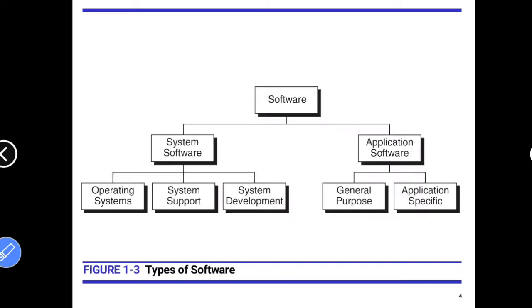So now come to our main topic, software. Software is categorized into two basic types: one is system software, and one is application software. System software directly communicates with the hardware, and application software runs over the system software.